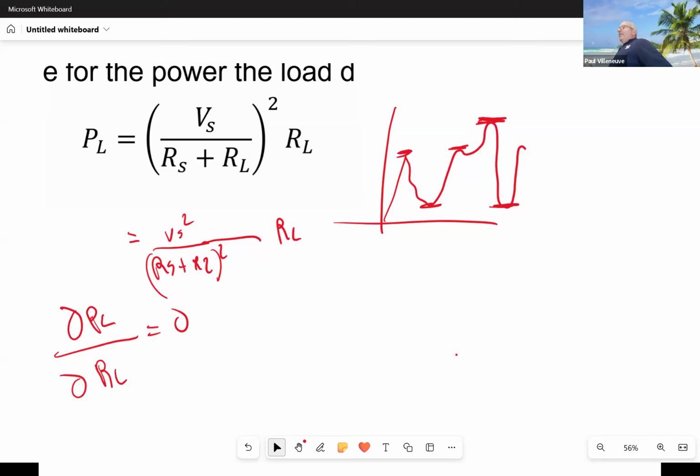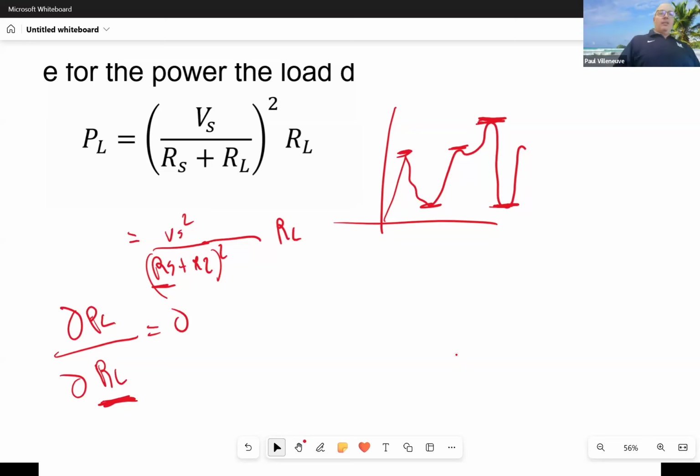So a partial derivative is just a derivative where RL is allowed to change, and everything else is constant. So RS over here is not a variable. It's a fixed number from the perspective of a partial derivative, so it is not changing.